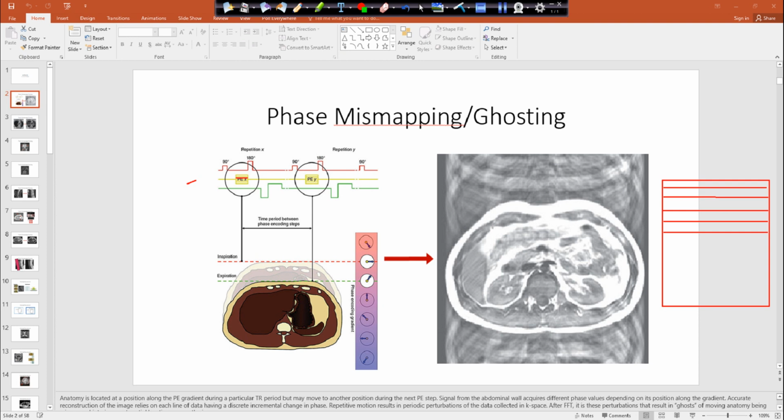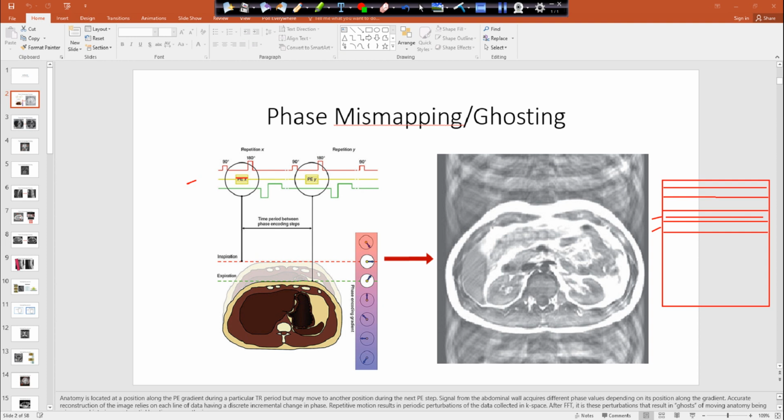But due to the patient changing from inspiration to expiration, that phase encoding gradient was supposed to produce a phase shift that would cause it to go to 3 o'clock, but now it's gone back to 2 o'clock. So instead of filling this particular row of K-space that matched with the gradient, now it goes to, let's say, this row of K-space. So all the data occupies this row of K-space.